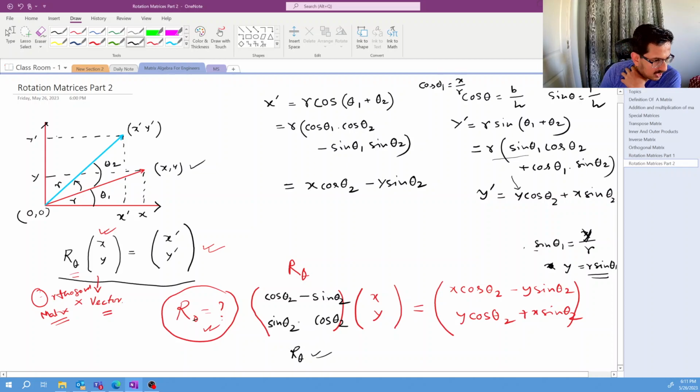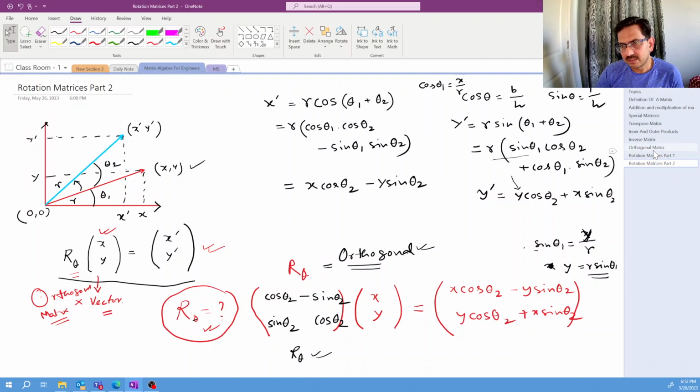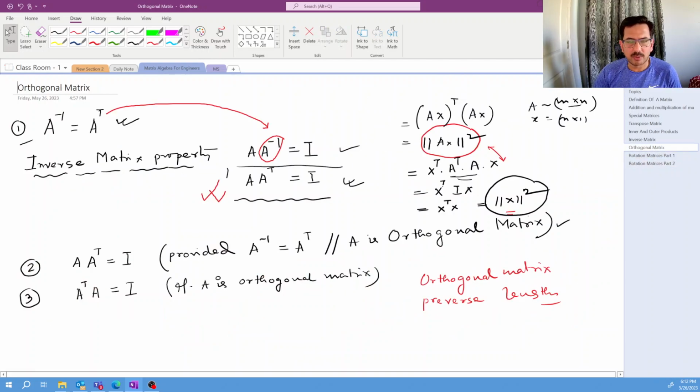Okay, hopefully this makes sense, because this is the way, and now this is basically my orthogonal matrix. This is probably a home task for you if you want to try to prove whether this is an orthogonal matrix or not. Just make sure that you have a matrix like this and check whether it satisfies these properties or not.